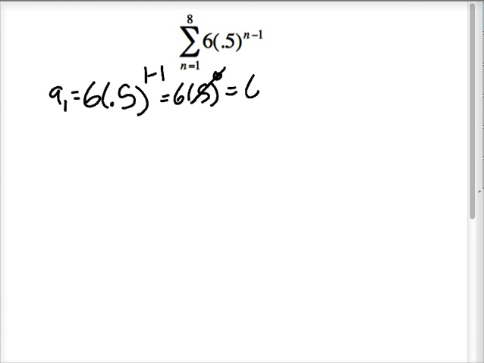So that piece cancels off, and I'm just left with 6. We need our n. In this case, we're counting up to 8, so we're going to have 8 terms. That rate, that r value, is whatever is being influenced by the exponent. So in this case, 0.5.